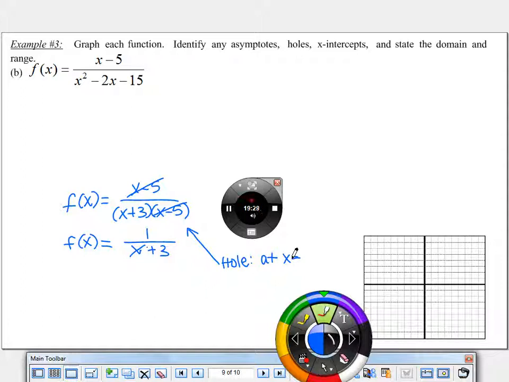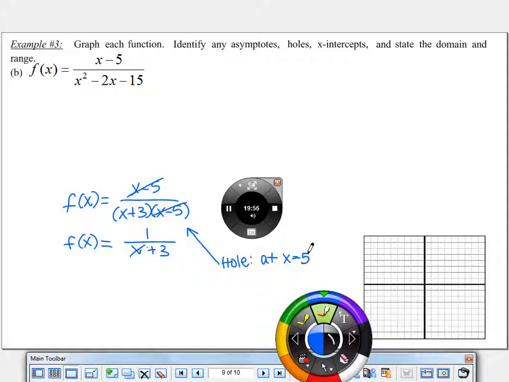Those both serve an important role, but which one is actually the hole? So which one was canceled out? Yeah, the x minus 5 factor. So your hole is at the x value that the one that canceled out would have been. So the hole is the one that is no longer there, okay? The 5.